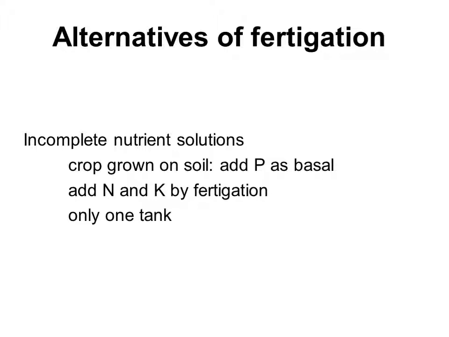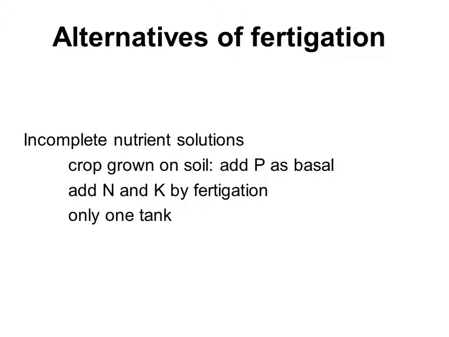Well, that was the most complex situation where we need to put everything into the irrigation system, all nutrients. But in many cases, we only need to apply part of the nutrients with fertigation.